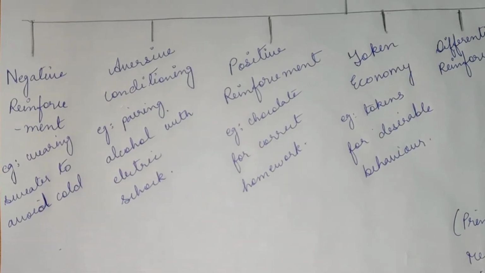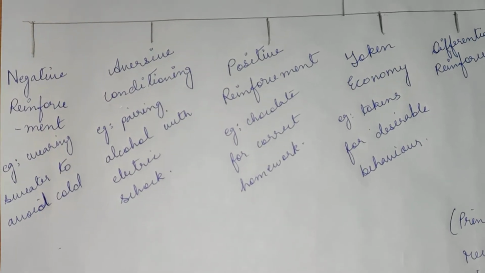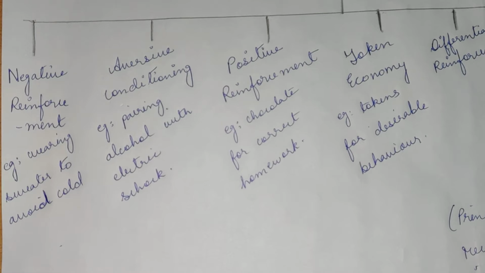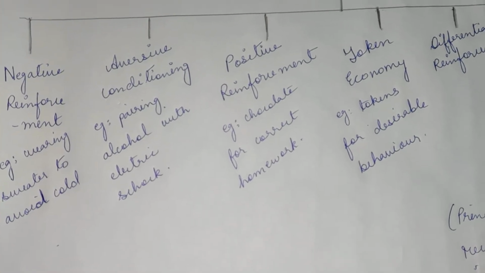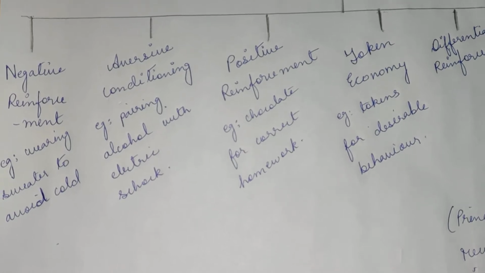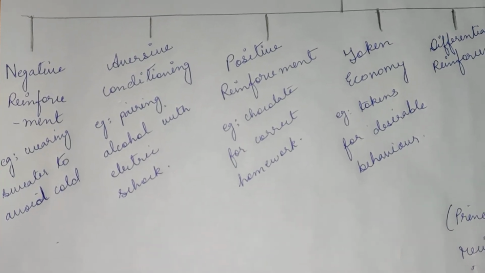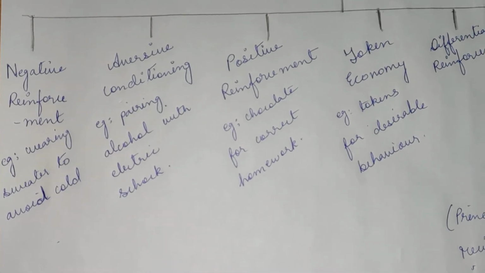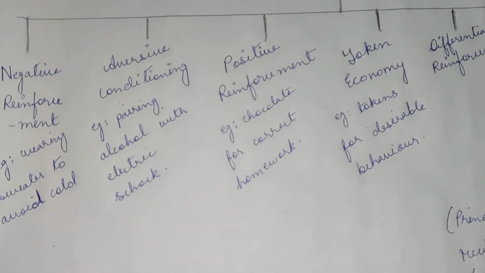The next one is aversive conditioning. This is a technique where you pair an unpleasant or unacceptable behavior with something negative, something unpleasant. For example, if there is a client of yours who consumes alcohol and consumption of alcohol is an unacceptable behavior, you want that to stop.